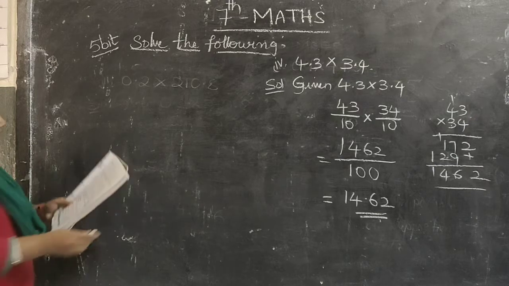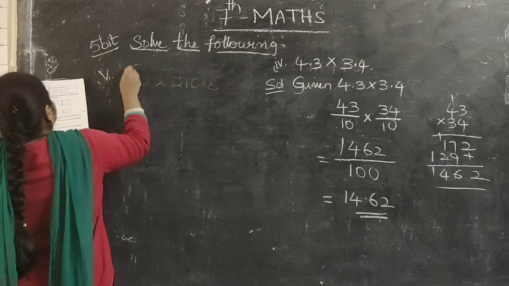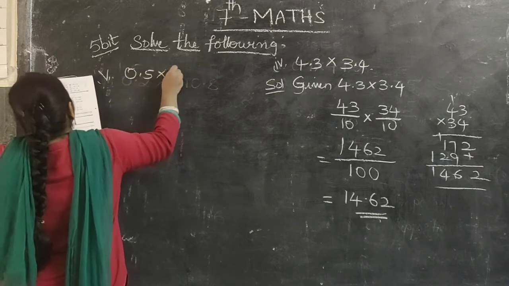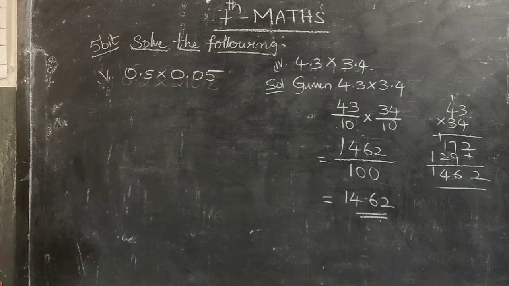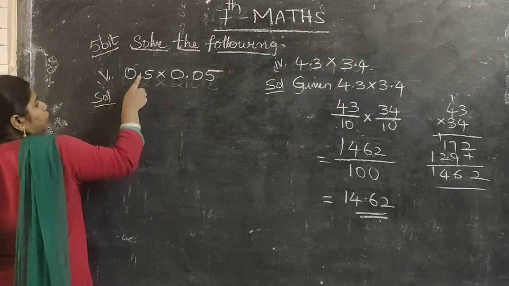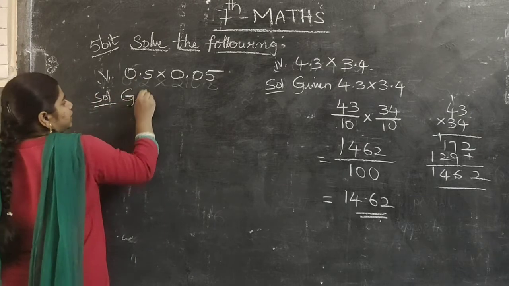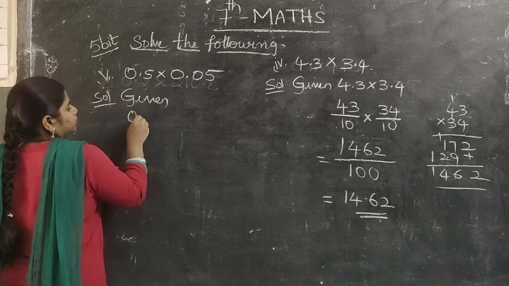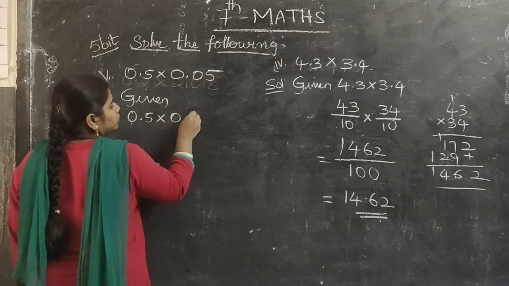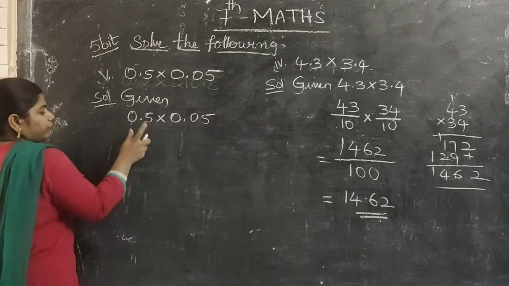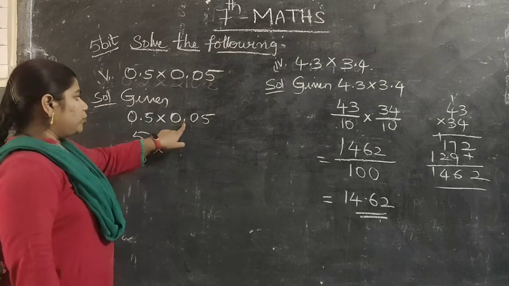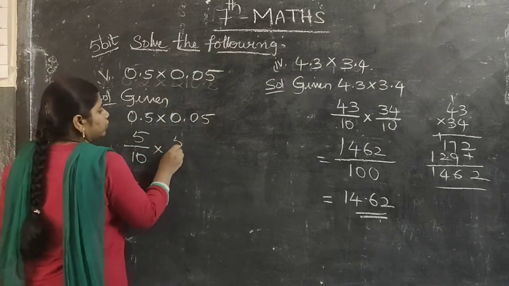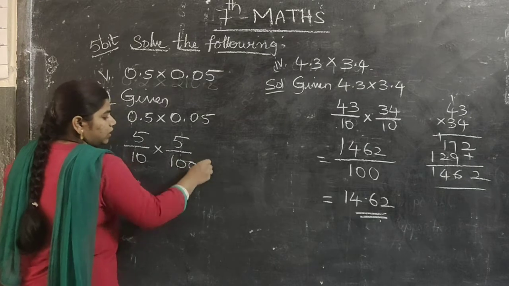Next is 0.5 into 0.05. So after point we are having only one digit. So 0.5 can be written in the form of 5 by 10, into 0.05 can be written in the form of 5 by 100.